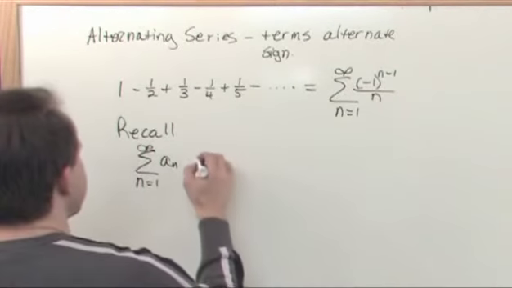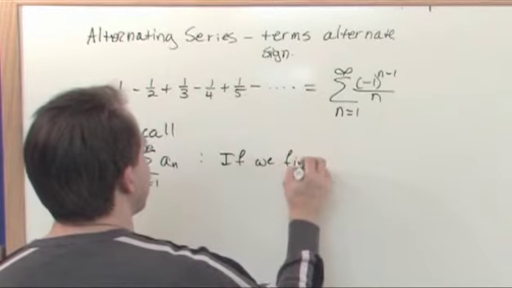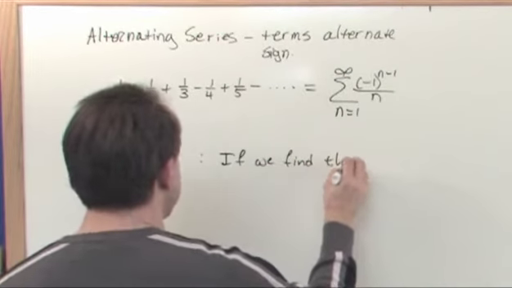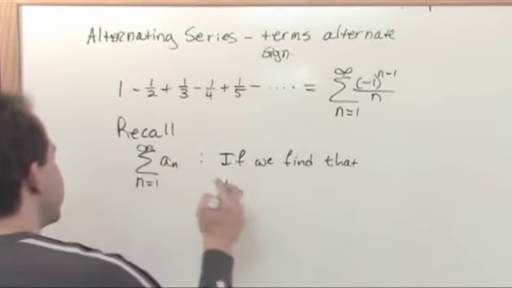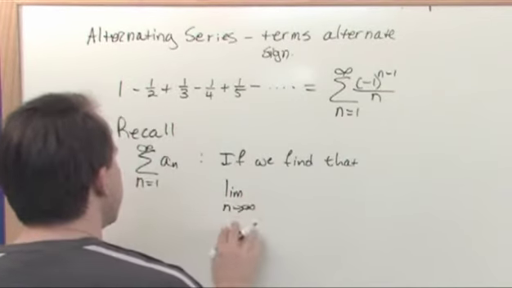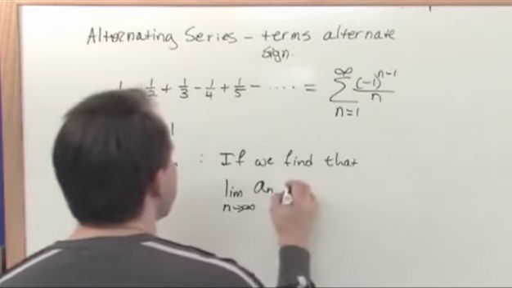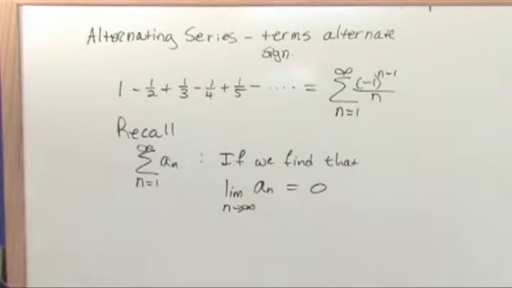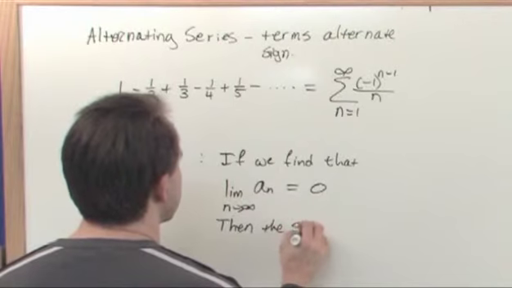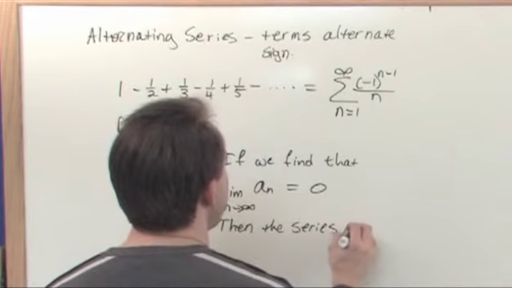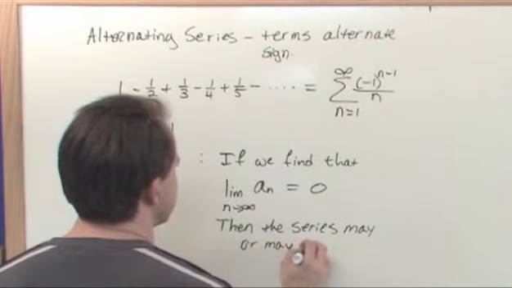If we find that the limit as n goes to infinity of a sub n, there's no summation here, I'm just looking at what the terms do, if I find that this goes to 0, then the series may or may not converge.